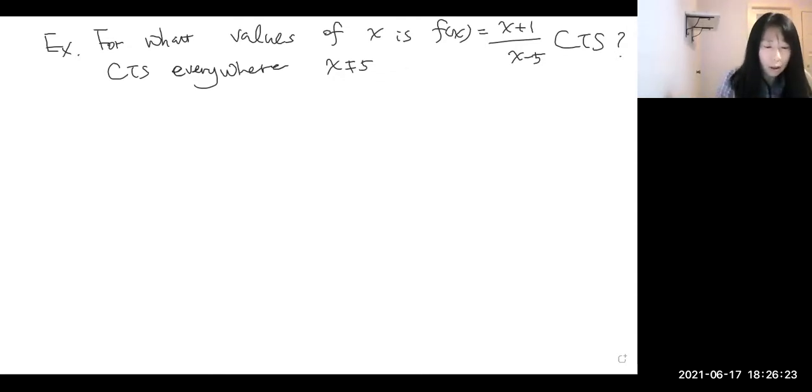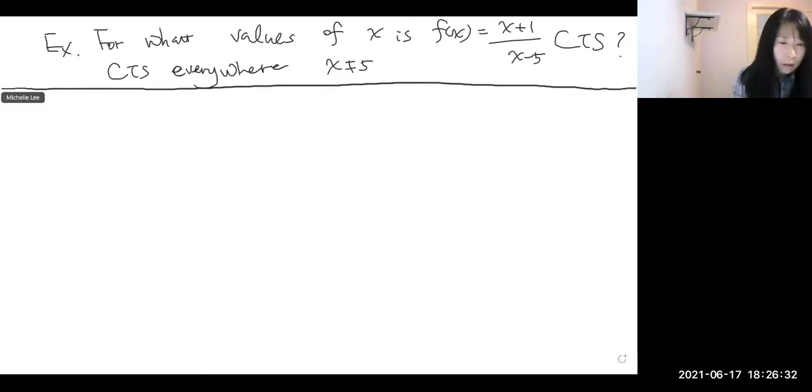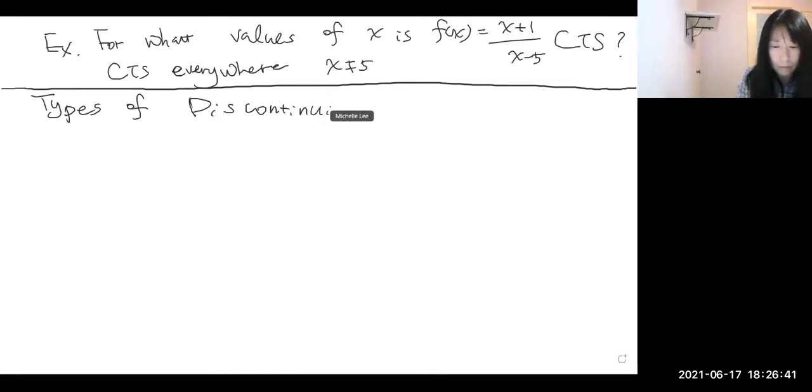Okay, good. All right, so let's talk about the discontinuity, like earlier, we did that. Types of discontinuity. We had this kind of discontinuity earlier, right?